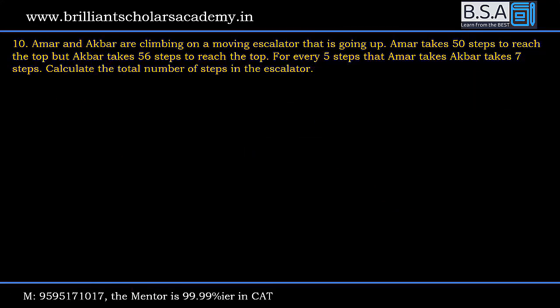Amar and Akbar are climbing on a moving escalator that is going up. Amar takes 50 steps to reach the top, but Akbar takes 56 steps to reach the top. For every 5 steps that Amar takes, Akbar takes 7 steps.